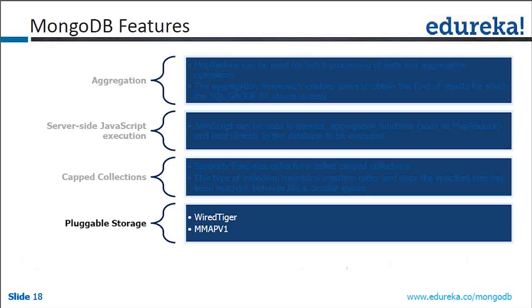The other very important feature which I want to mention here is pluggable storage. That's a very new feature they have provided with the latest version, MongoDB 3.0. And that's by far the largest release. What does that mean? Before 3.0, MongoDB used to use a DB lock.